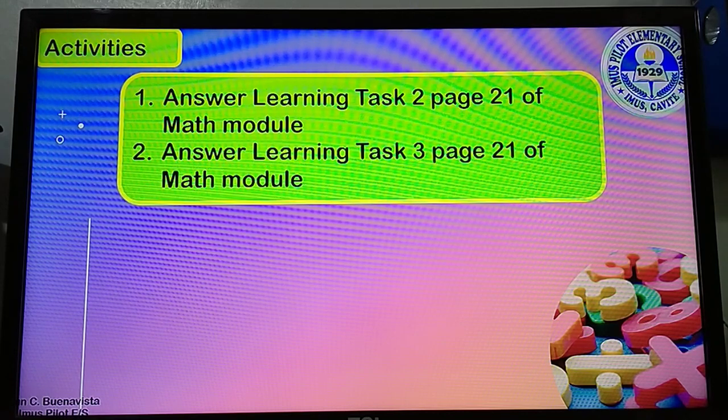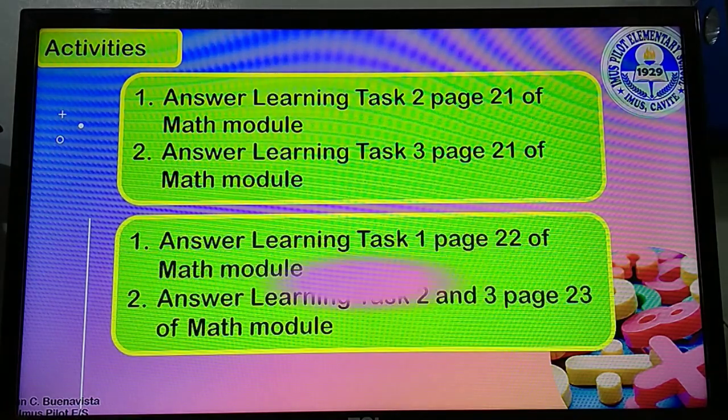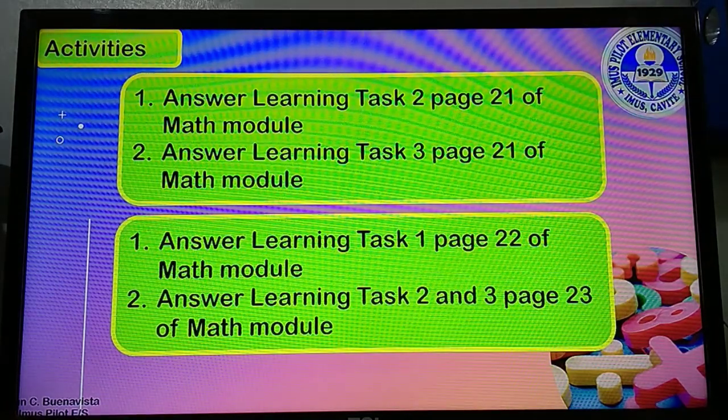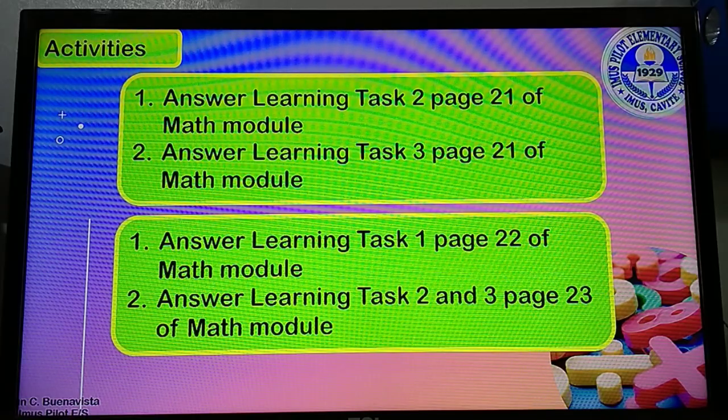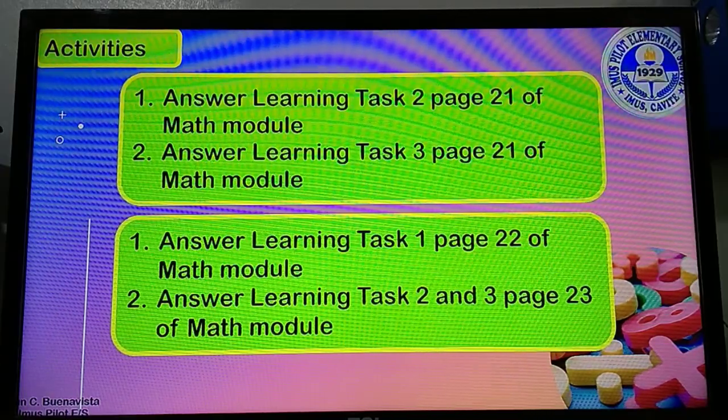Then, second activity, answer learning task 3, page 21 of math module. Then, for the problem, answer learning task 1, page 22 of math module. And answer learning task 2 and 3, page 23 of math module.